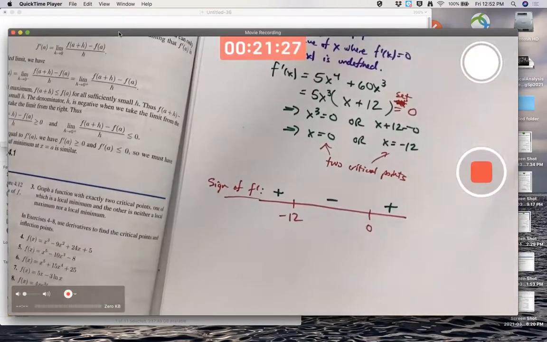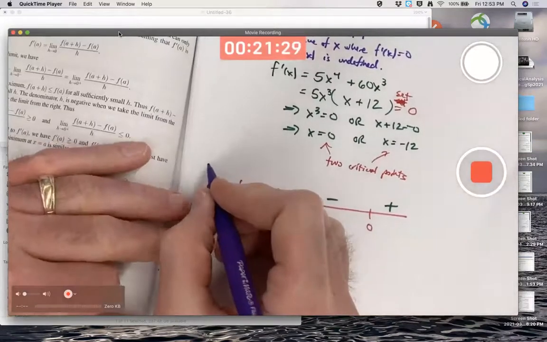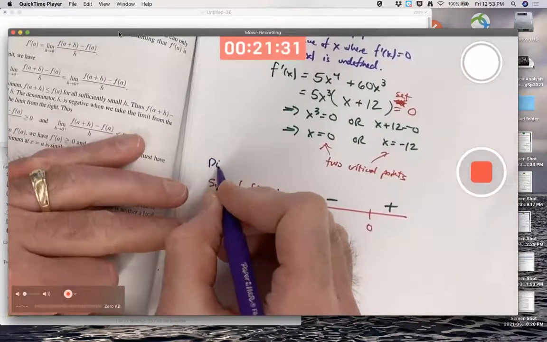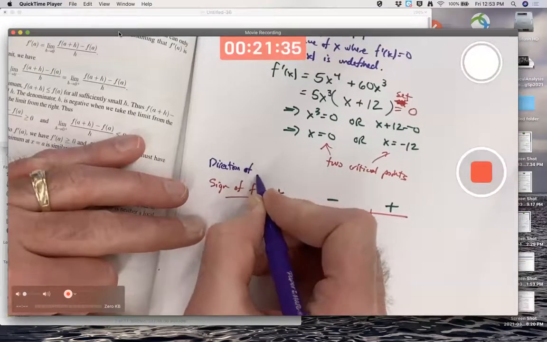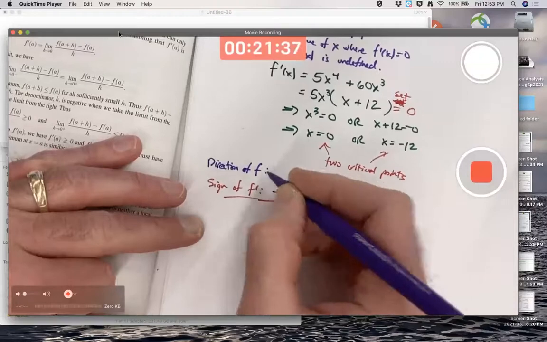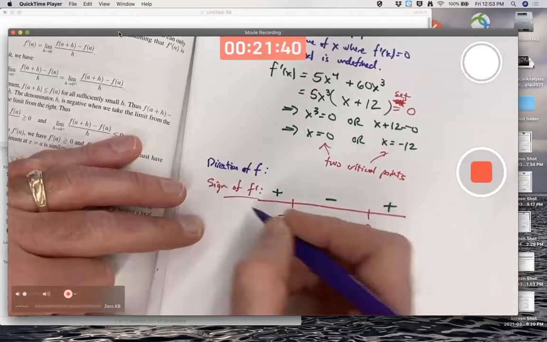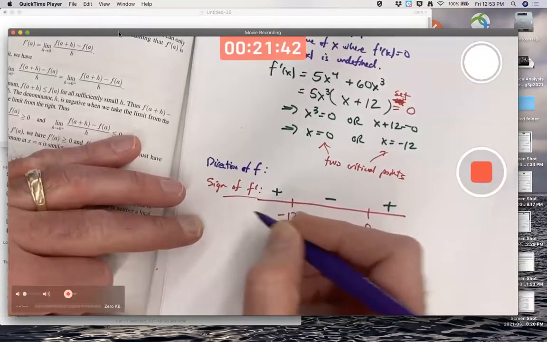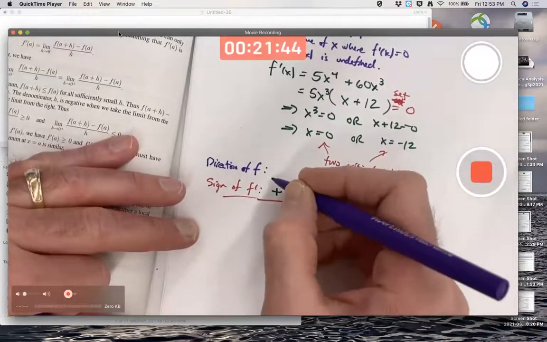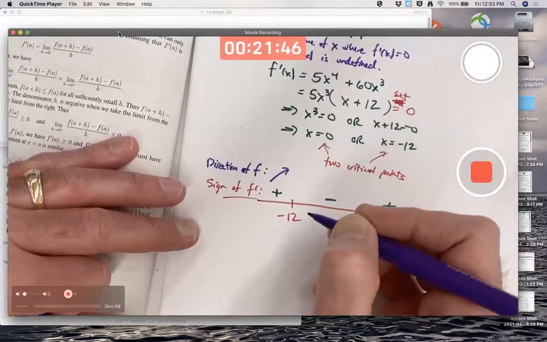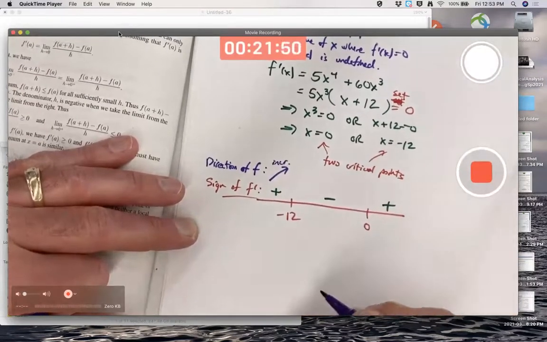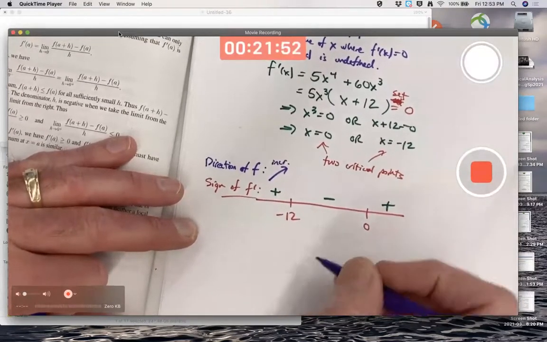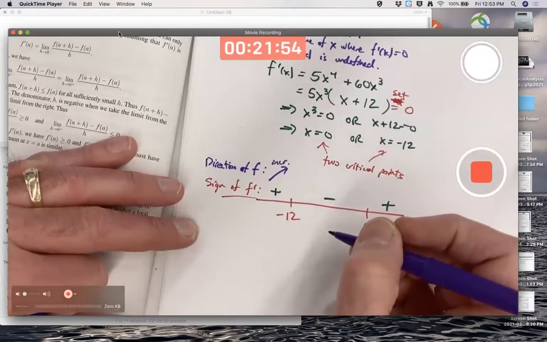This tells me information about f. I could call it the direction of f, meaning is it increasing or decreasing? The derivative is positive over the interval from minus infinity to negative 12, so f is increasing, going upward. Abbreviate that increasing by INCR, when x is less than negative 12.